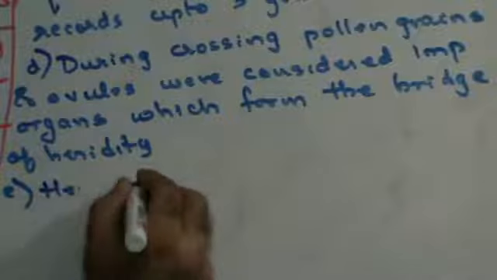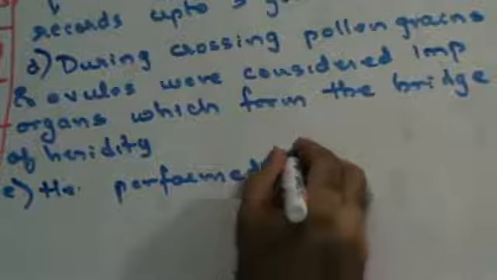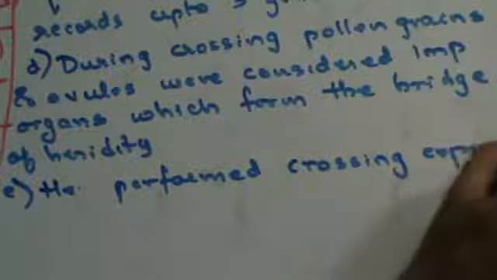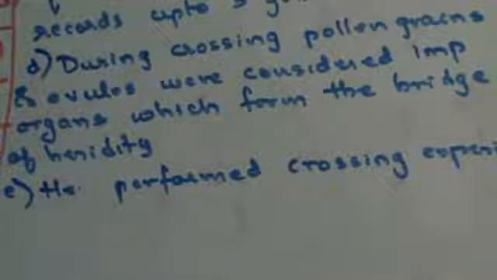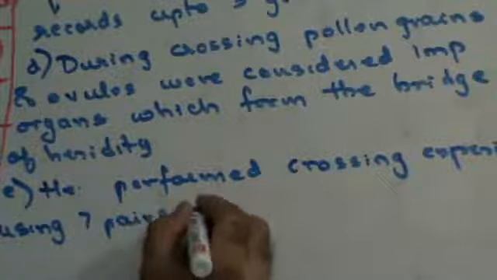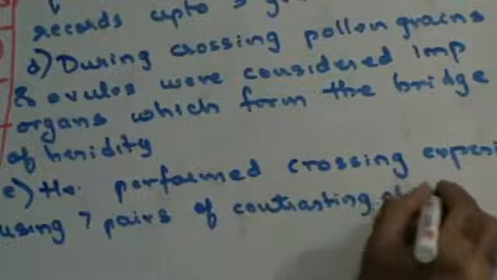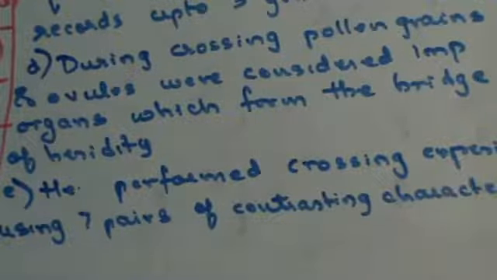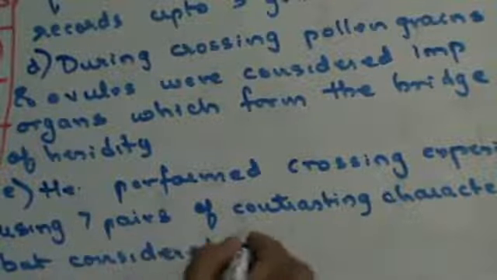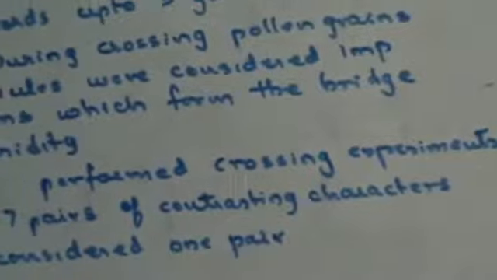He performed crossing experiments using 7 pairs of contrasting characters, but considered 1 pair at a time.